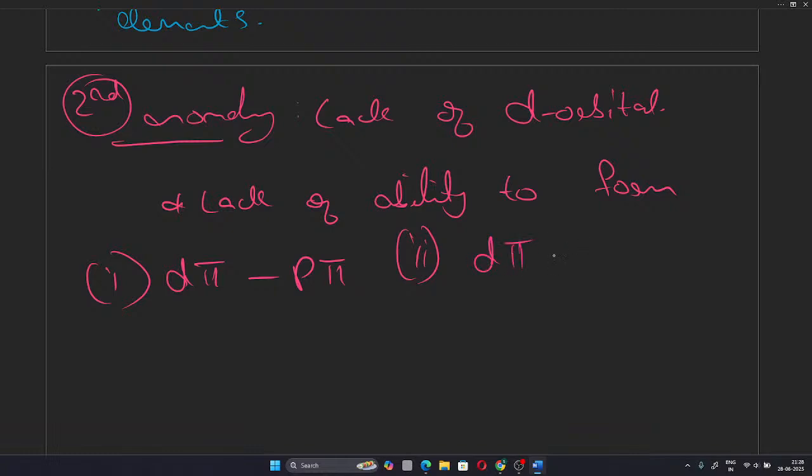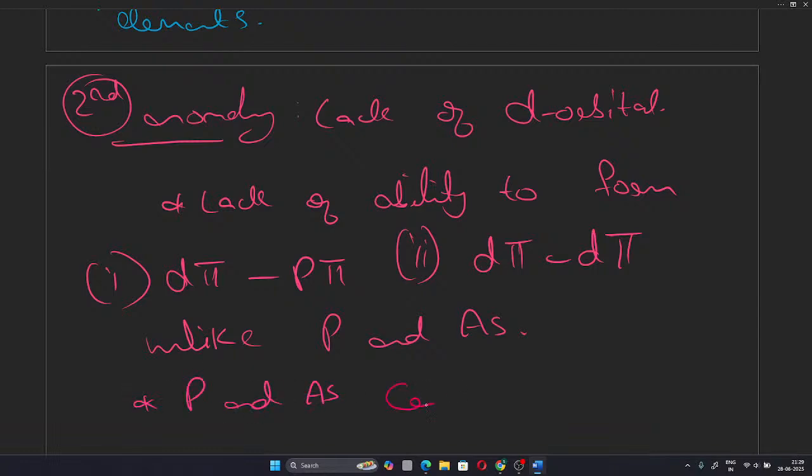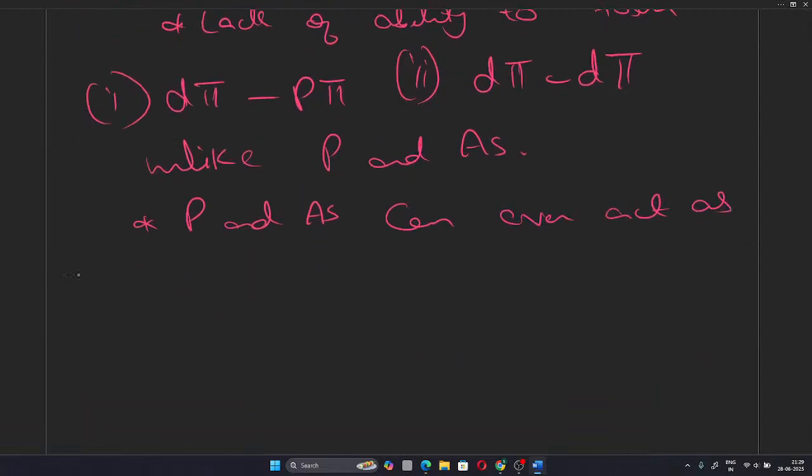And overlap between d and d orbitals. Unlike nitrogen, phosphorus and arsenic can even act as ligands because of having d orbitals.